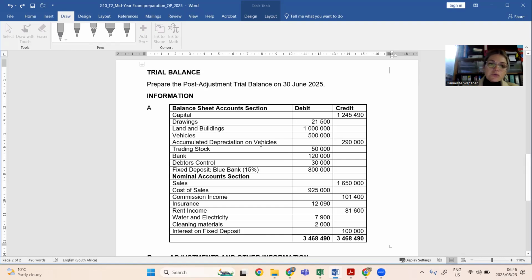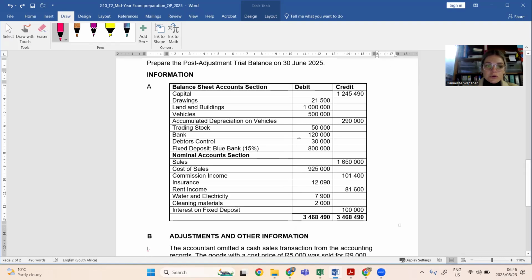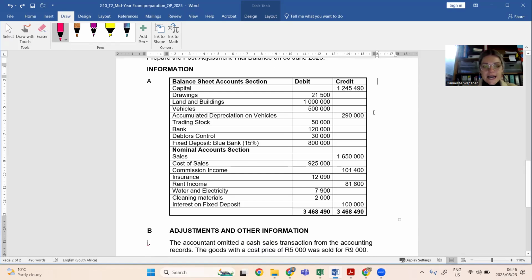So you're always going to, first of all, start with your balances as per the pre-adjustment trial balance, because these are the amounts that you have recorded throughout your financial year. That is why you must start with these amounts, because you need to get to the final trial balance, so the final amounts, the correct amounts.